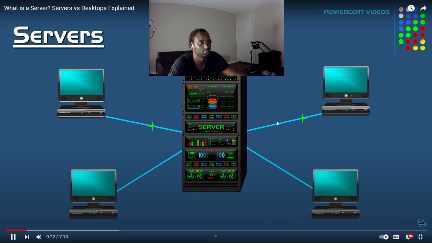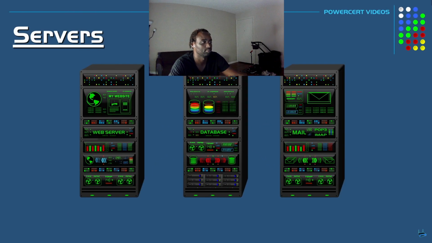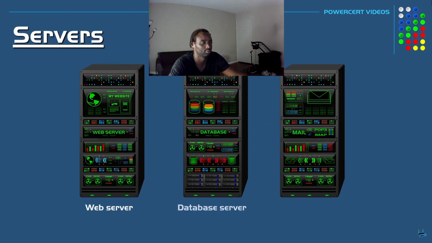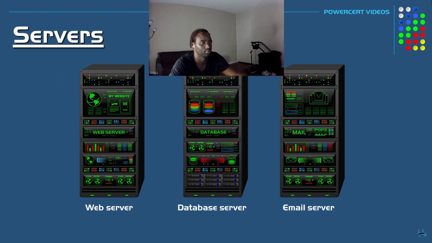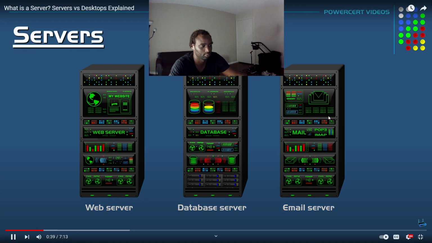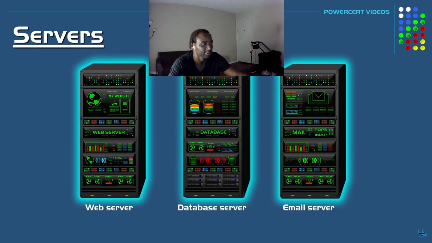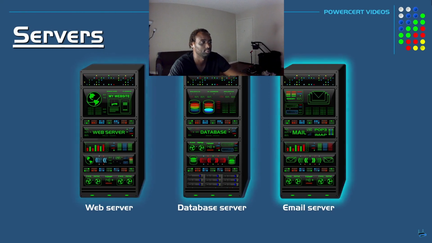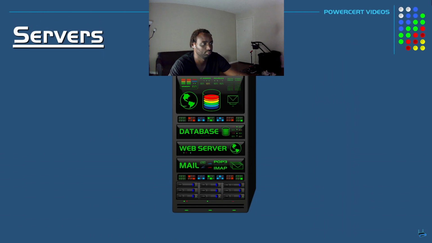Or in a local area network, and they connect to a server for a specific service. So for example, that service could be to retrieve a website, to access data, or email, and so on. Now, a server could be dedicated to handle one of these services only, where you would have one server dedicated for a website, one server for data storage, and a server for email. And this model is what larger organizations use. Or you can also set up a server to handle each of these services on the same machine, which is what typically happens in smaller organizations.